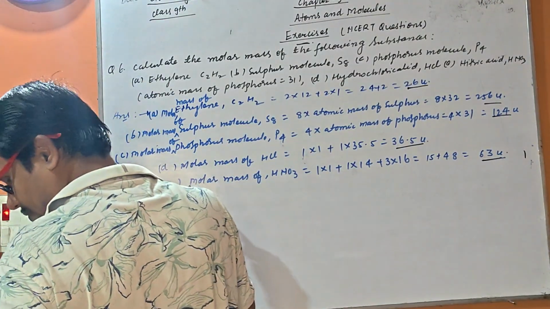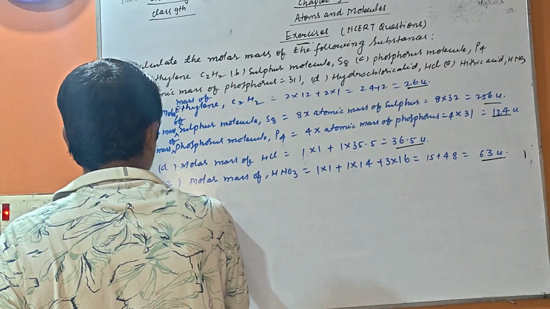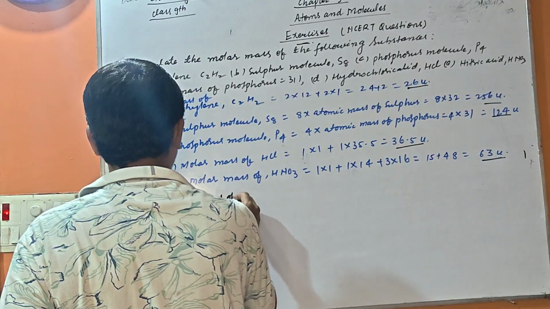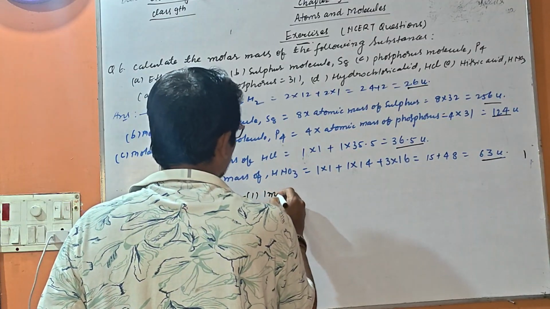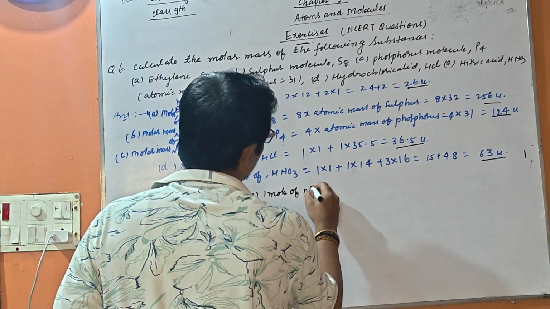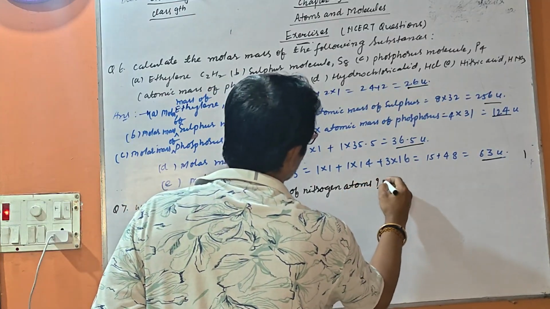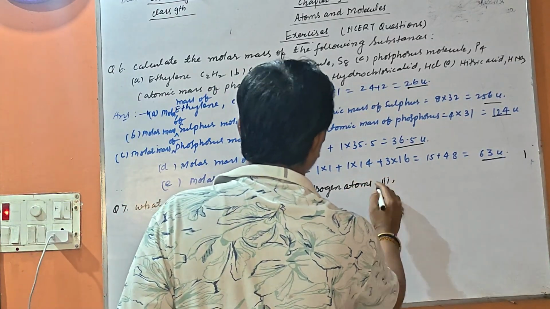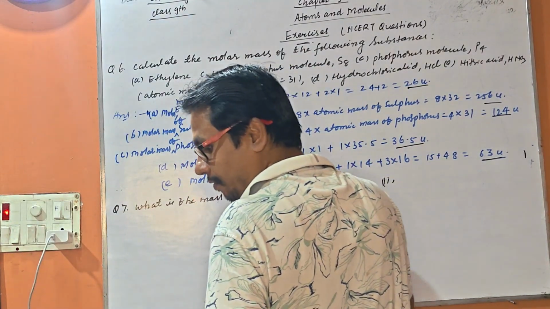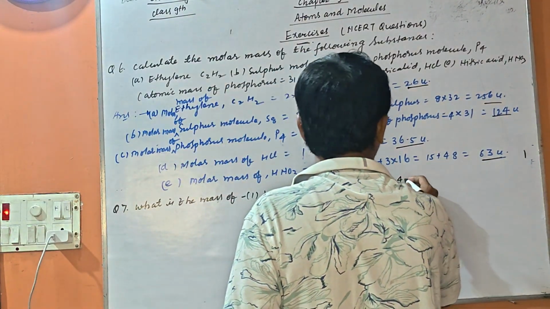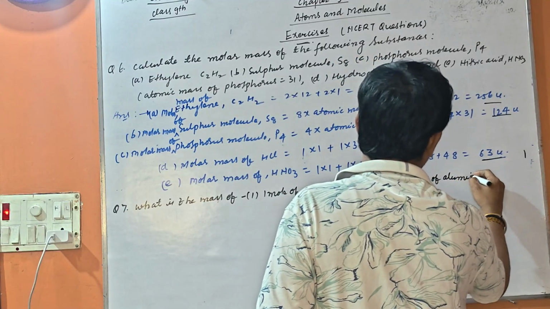What is the mass of 1 mole of nitrogen atoms? Second, 4 moles of aluminum atoms.